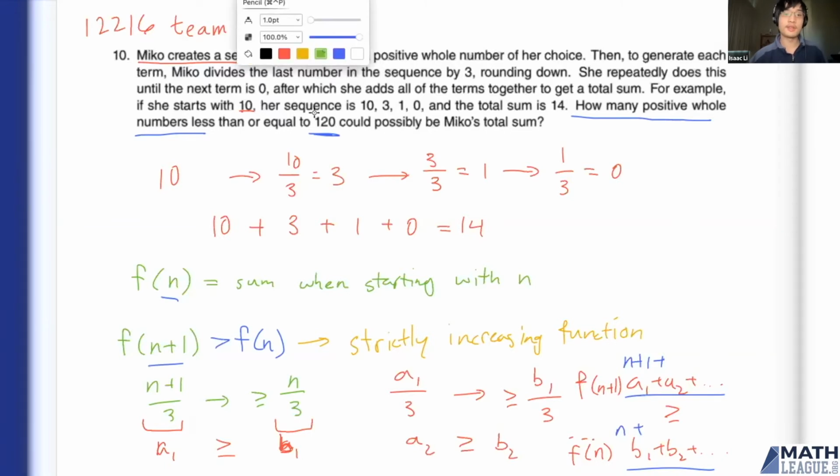So what does this imply? It implies that whenever we plug in an n here, just any number here, we will get all different results and they will be increasing. So what does this mean?